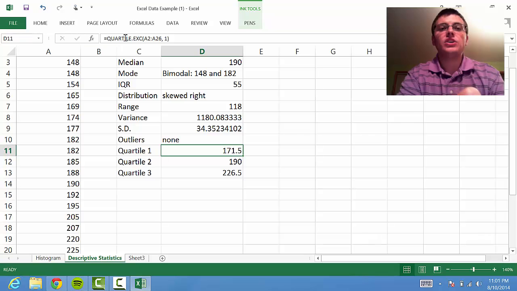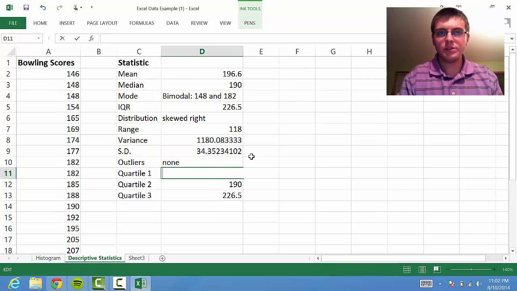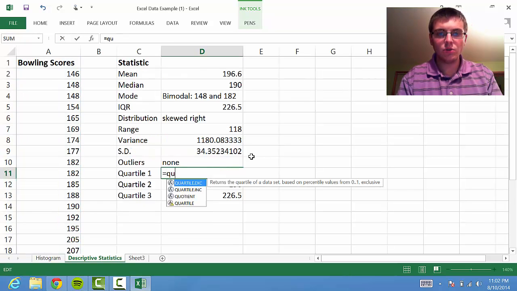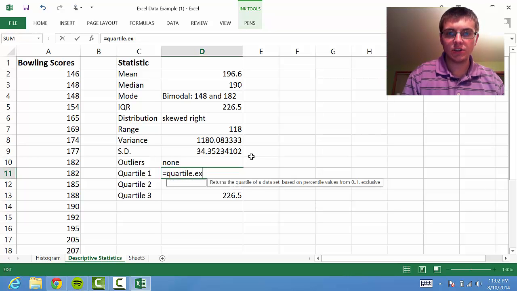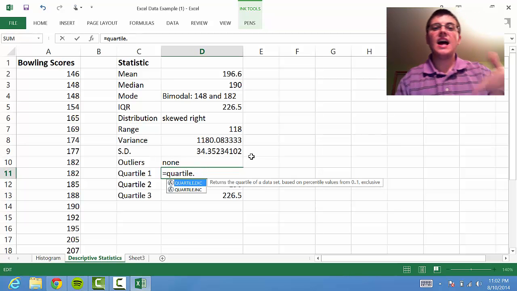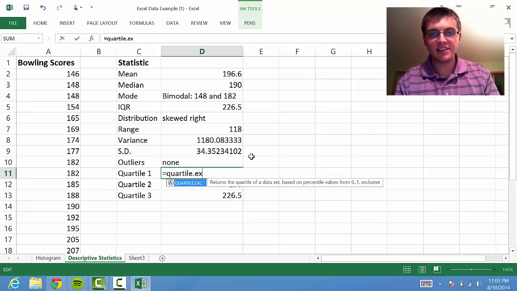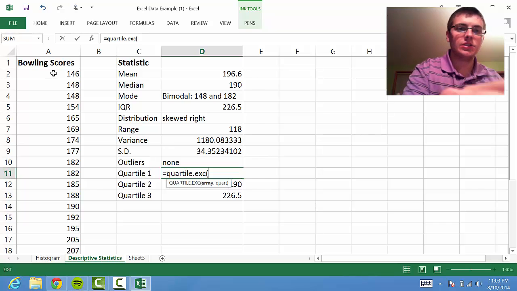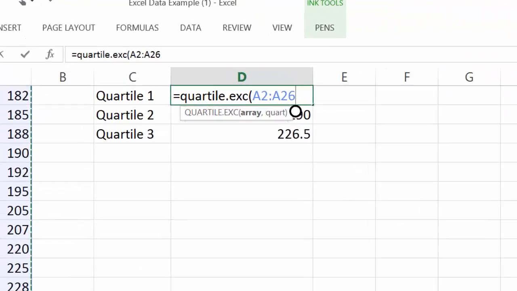The quartile function is quartile.exc. We're going to do the first quartile, so that's equals quartile.exc. And notice there's a difference: there's .exc and .inc. .exc is what we're used to in class. So we're going to go with the .exc, and highlight this.